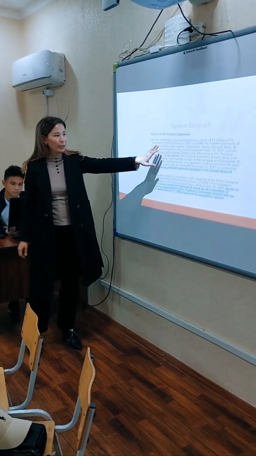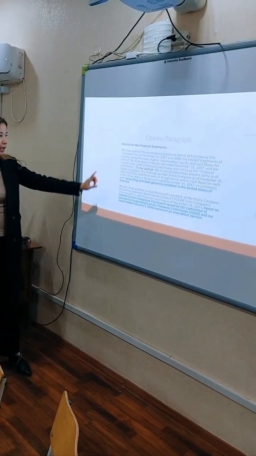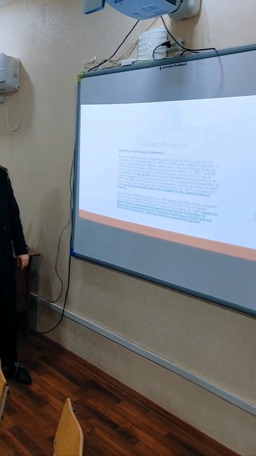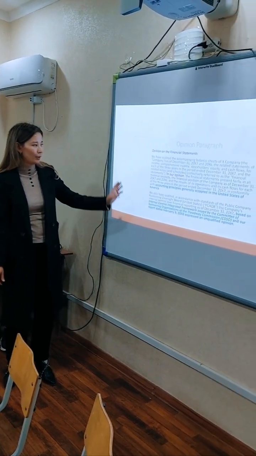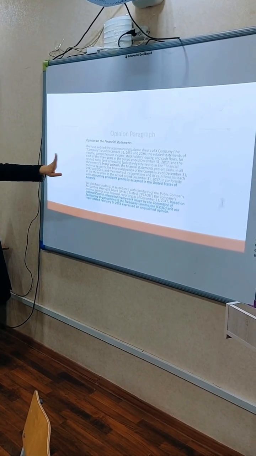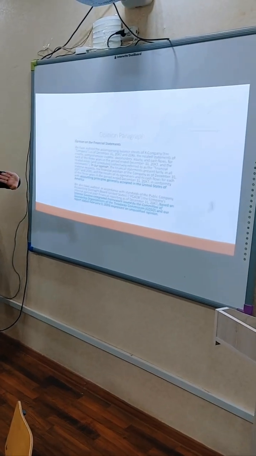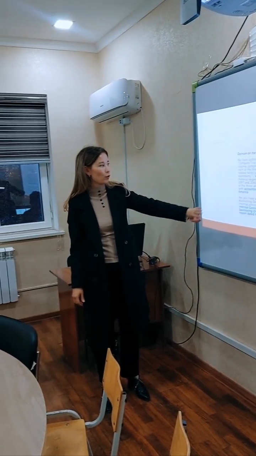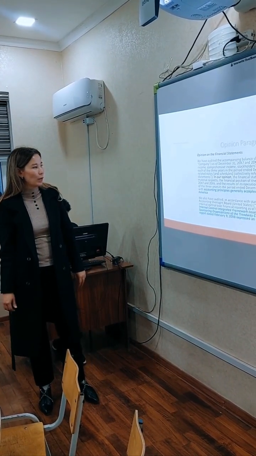So, auditors can give a conclusion of this type. They use these kinds of words. We have audited the accompanying balance sheet of X company as of December 31, for example 2016, 2017, and the related statements of income, comprehensive income, stockholders' equity and cash flow for each of the 3 years in the period ended December 31.